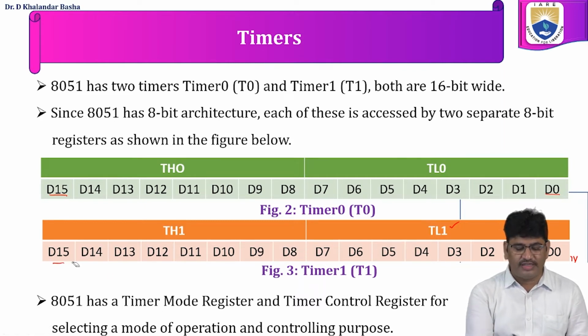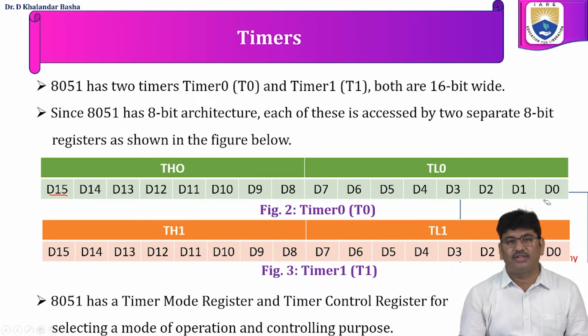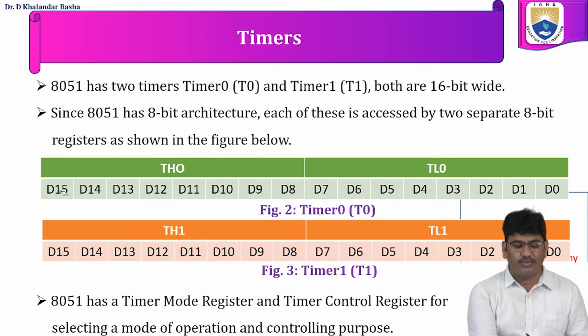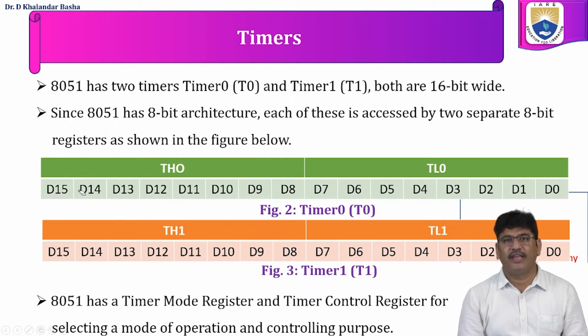As the 8051 is an 8-bit microcontroller, the data transferred through the data bus is only 8-bit size. The 8051 has one more register for mode configuration and controlling the timers: the timer mode register and timer control register, for selecting a mode of operation and for controlling purposes.